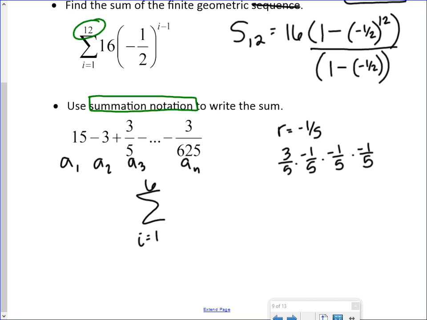So I like those. What if it goes all the way to like the 30th? Yeah, if it goes all the way to the 30th term, then we would do the rule thing. So we know the first term is 15. We know the ratio is negative 1/5. And it's going to be raised to the n minus 1. And we want to know what 3 over 625 is.